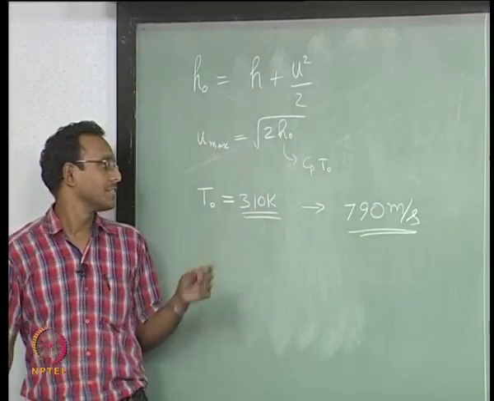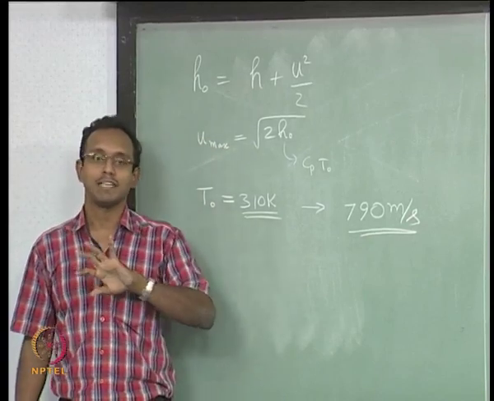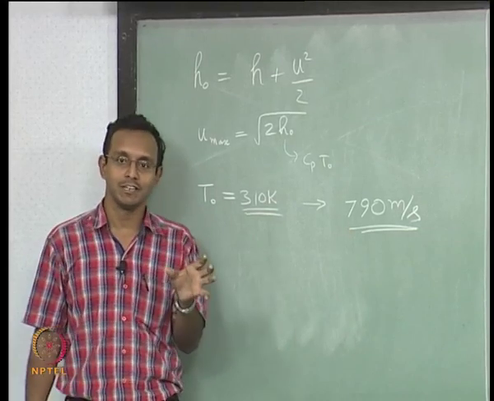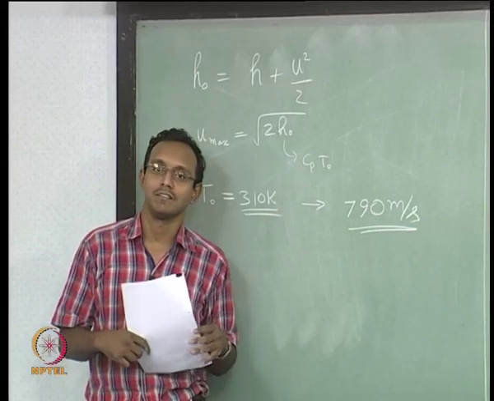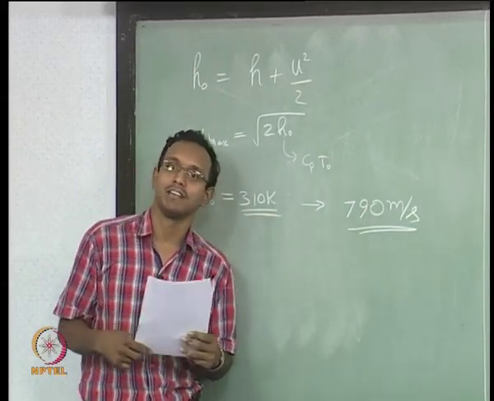If I start with a gas at this temperature and make it accelerate to the maximum velocity possible with the given energy already present in the gas, then it cannot go anything more than around 790 meter per second. It could be 791 point something; I just approximated it to 790.